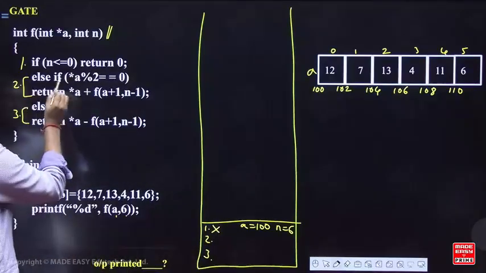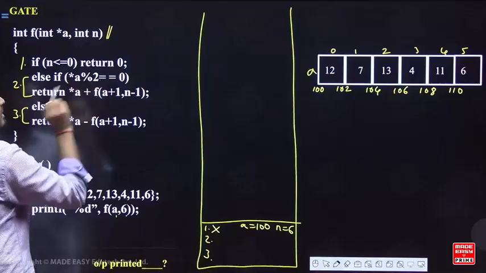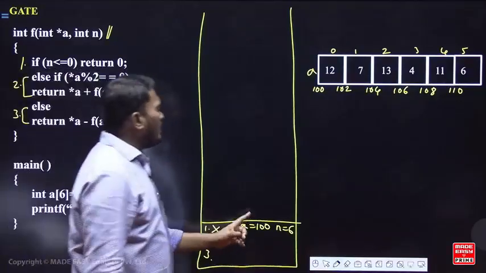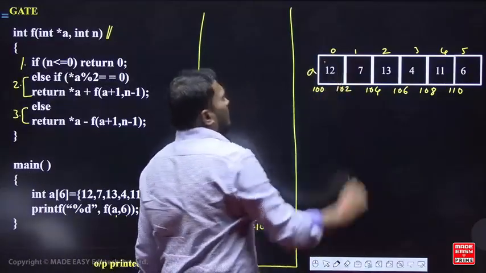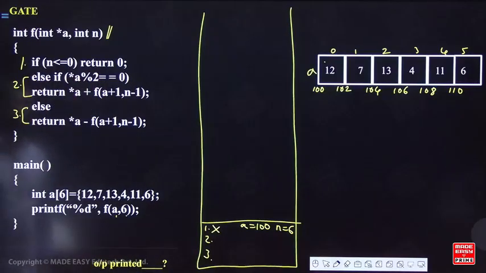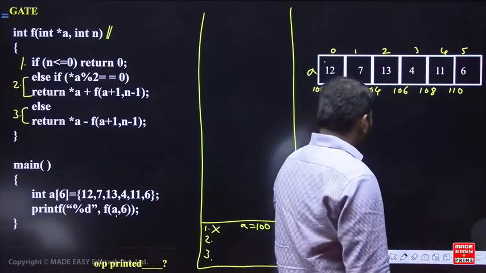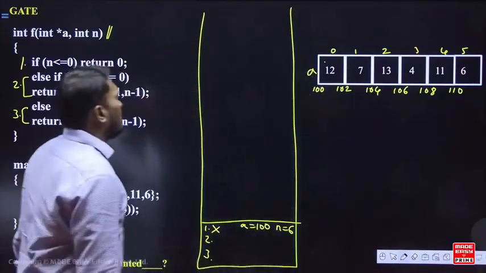Now the second statement, else if star a mod 2 equal to 0. Star a means the value at the location 100, which is 12. So 12 mod 2 equal to 0, true or false? True.